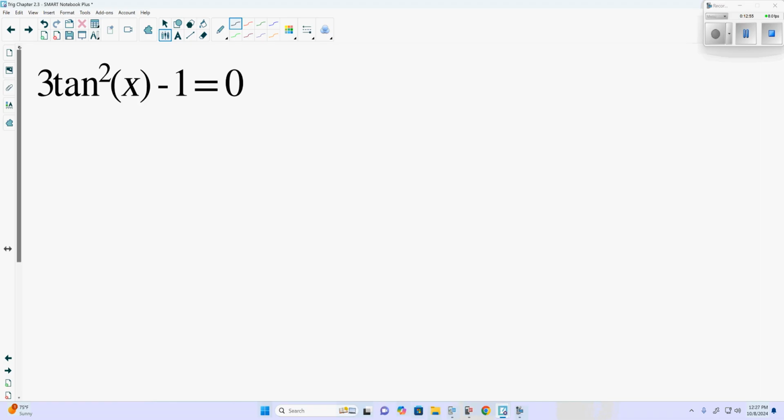Here we have 3 tangent squared of x minus 1 is equal to 0. Now, this here we could treat the same as 3x squared minus 1, because again, we only have a single trigonometric function.